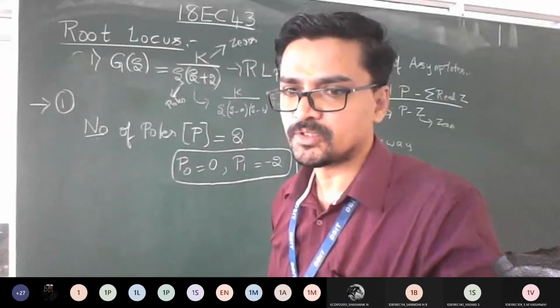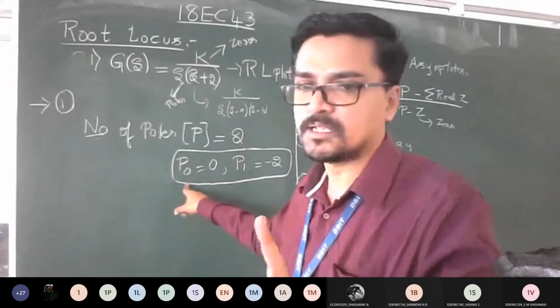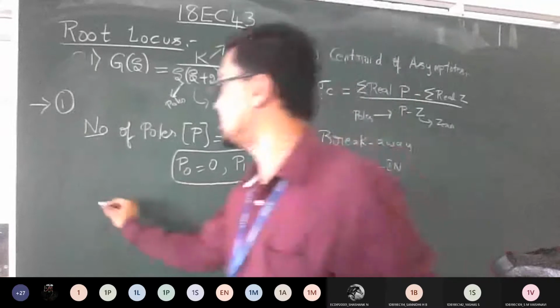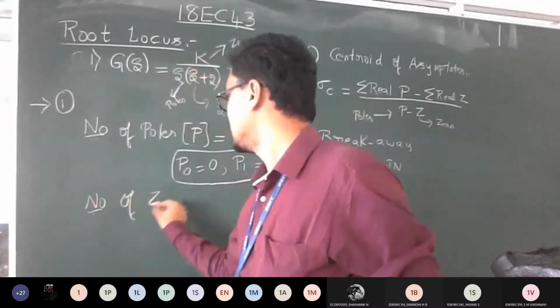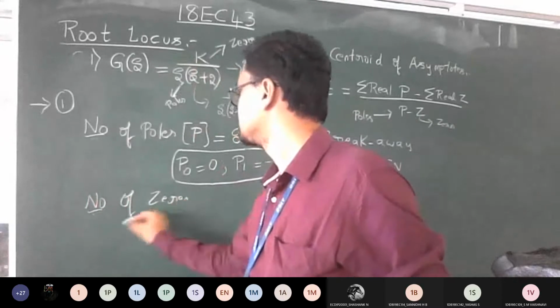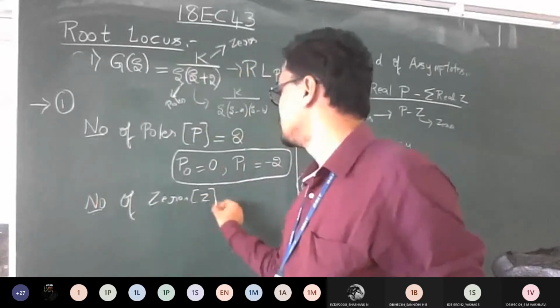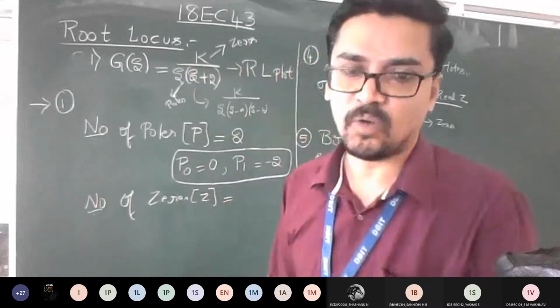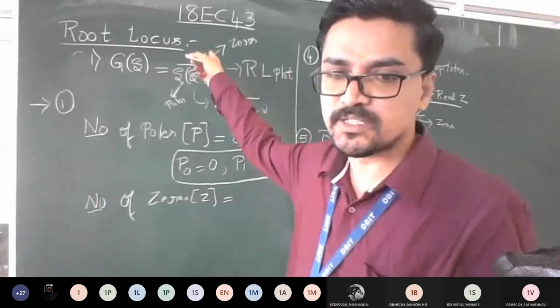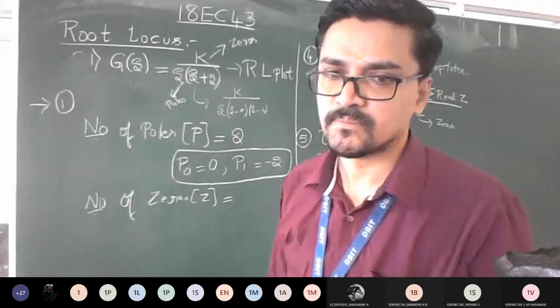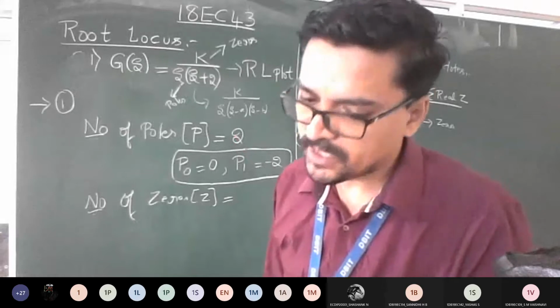Yes, sir. So once you have the number of poles, you use the same method to get the number of zeros, indicated by Z. How many zeros can you find, guys? What I told you is to check the numerator. Do you have any s values in the numerator?